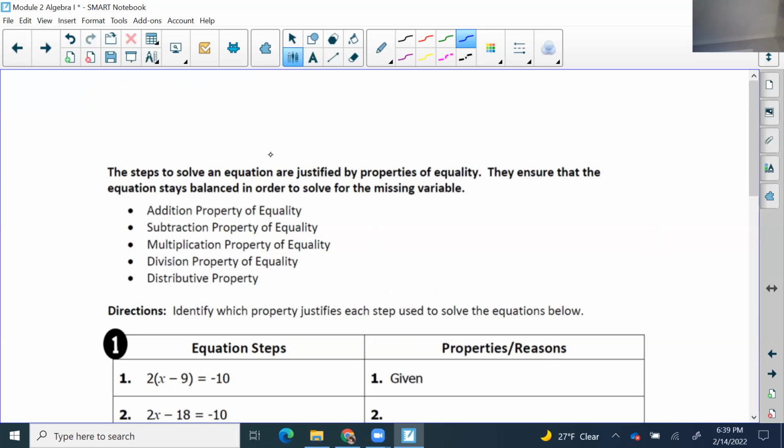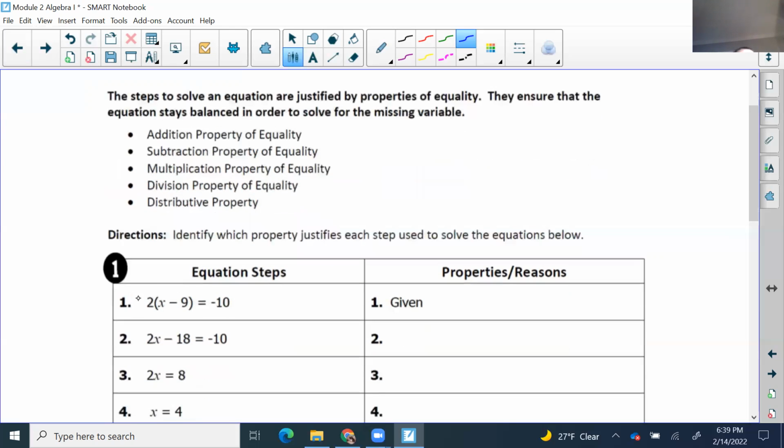What you probably noticed is that when I was solving an equation, if I used a particular property, I wrote down that property. That's all I'm doing: I am justifying the steps that I make to solve the equation, because everything in mathematics is proven.